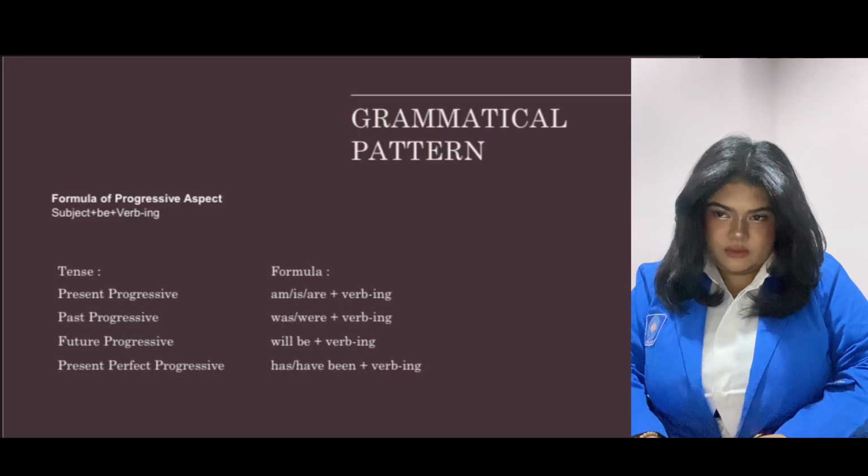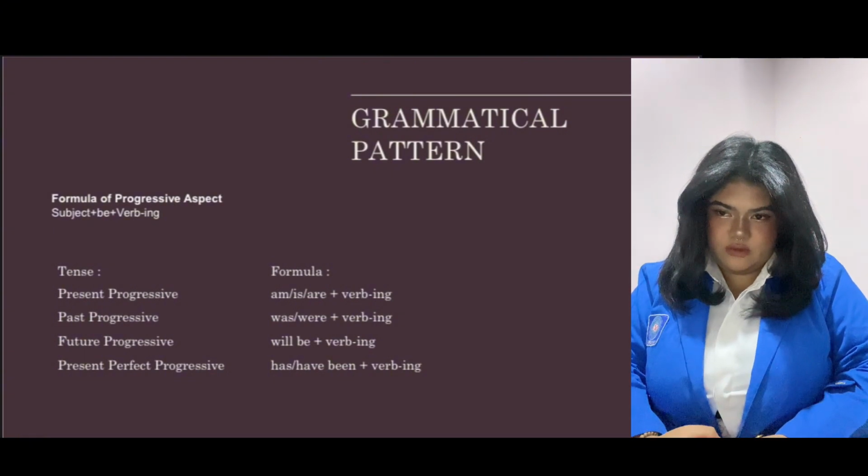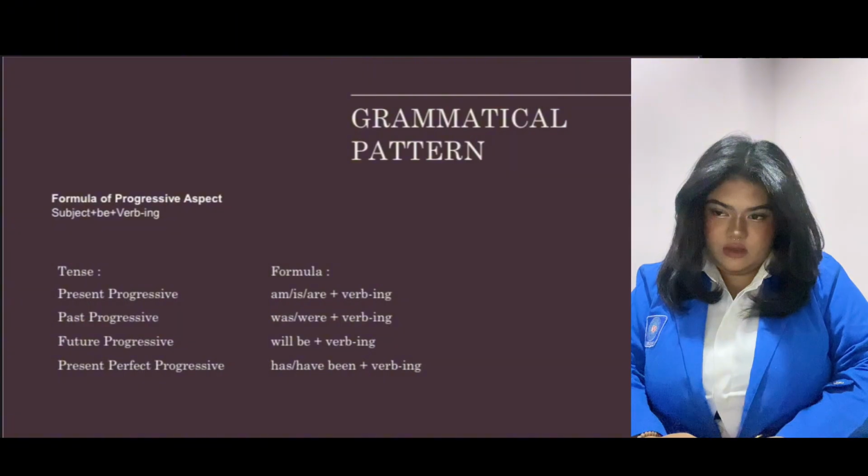The formula of progressive aspect is subject plus be plus verb-ing. So the tense is present progressive; the formula is am, is, or are plus verb-ing. The second one is past progressive; the formula is was or were plus verb-ing.